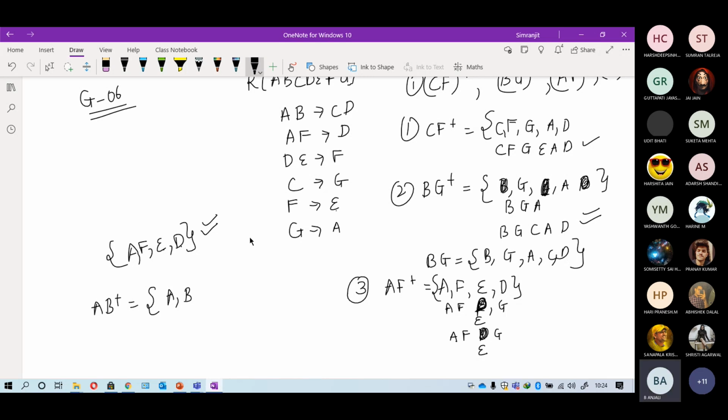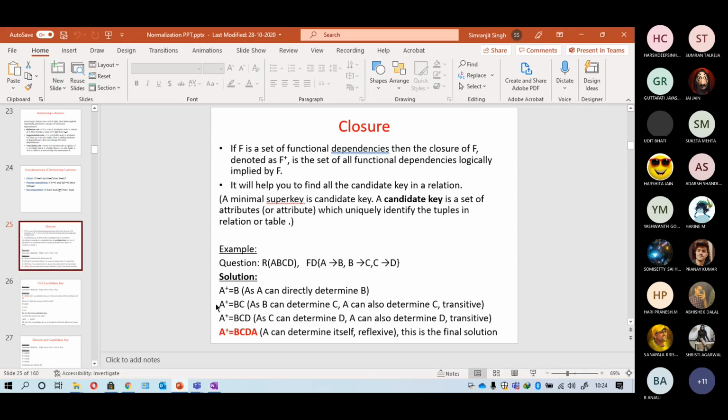Sir, A, I think B, C, D, G. A, B, C, D, G. Absolutely correct. So I think most of you got the concept. If you want more questions, you can refer to this PPT.